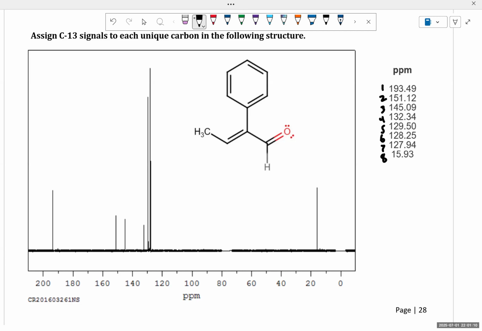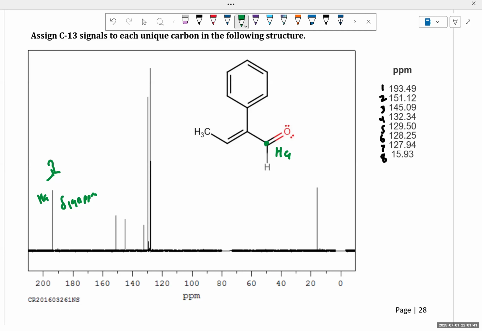So, first things first, I'm going to start with the easy ones. So this carbonyl carbon, this aldehyde carbon, is showing up at around 190 parts per million. Generally, the carbonyl carbon is the easiest and fastest to identify.